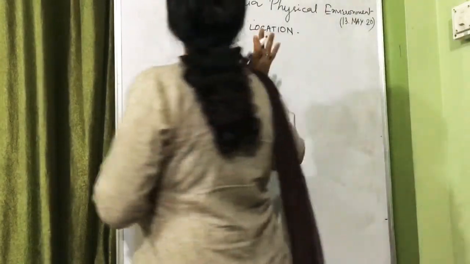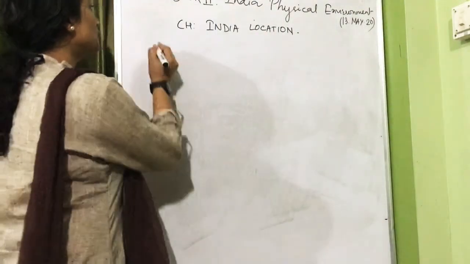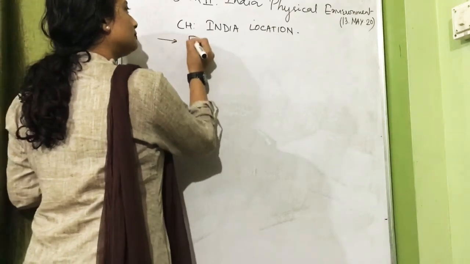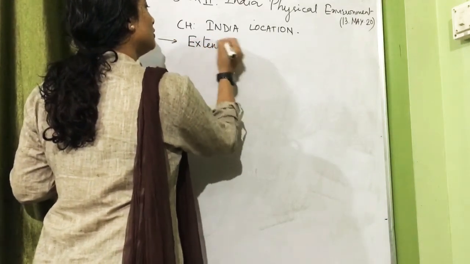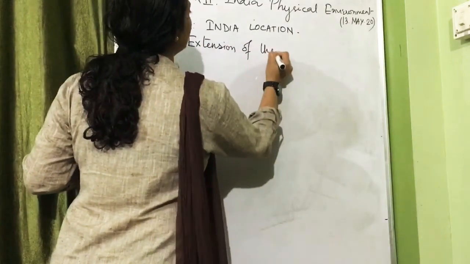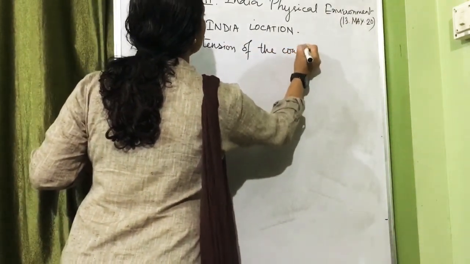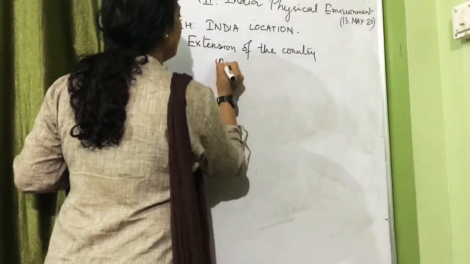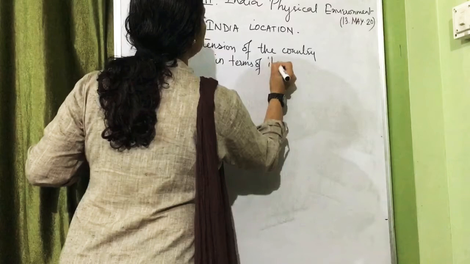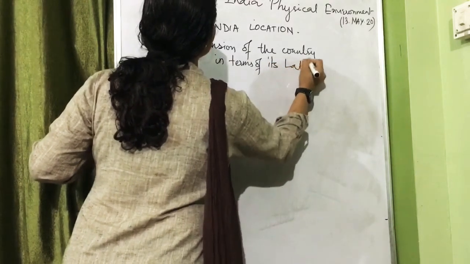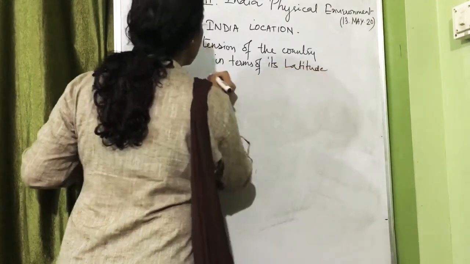The first thing regarding Indian location in this chapter, you need to know about the extension of the country in terms of its latitude and longitude.